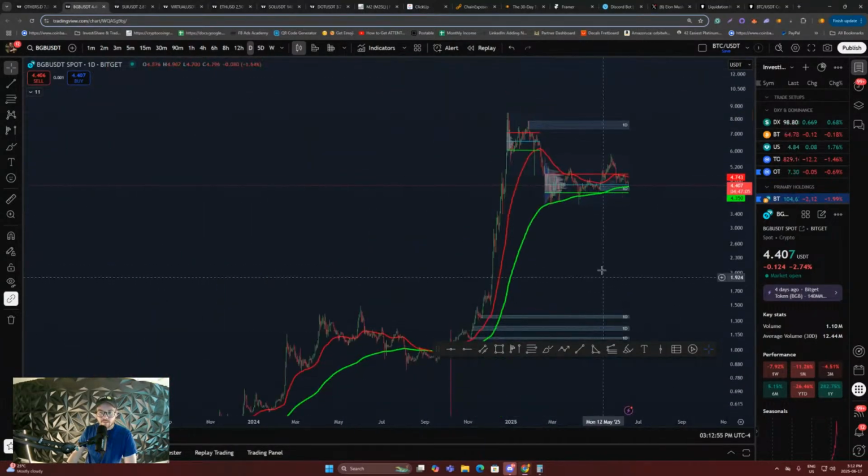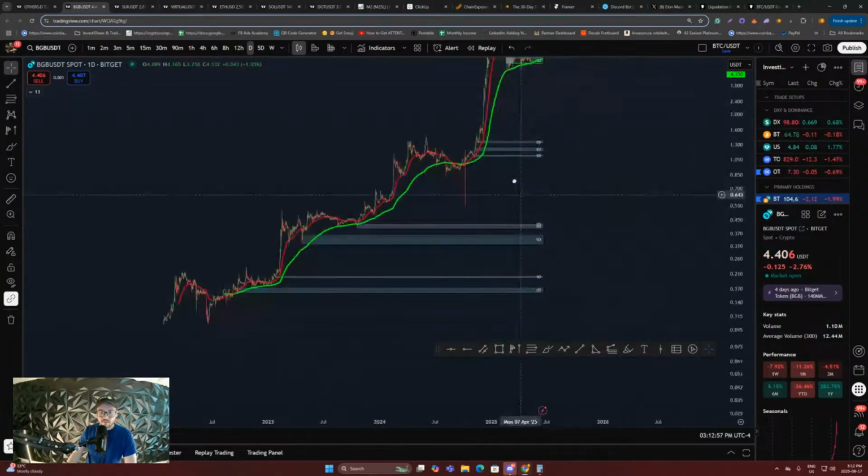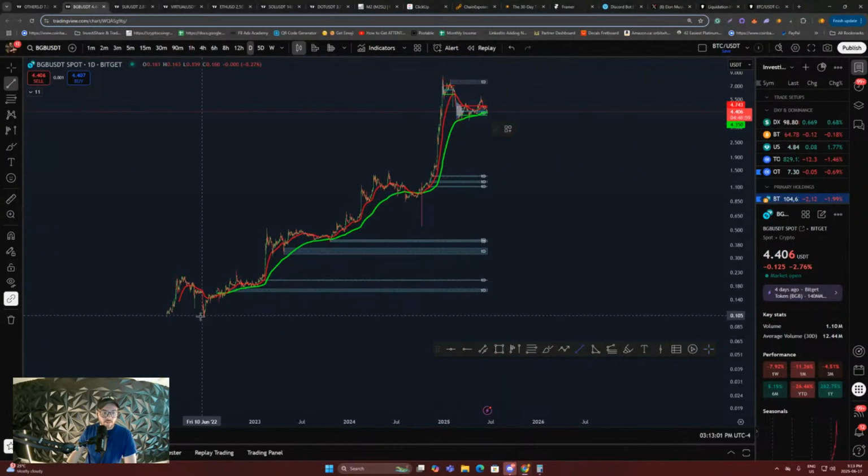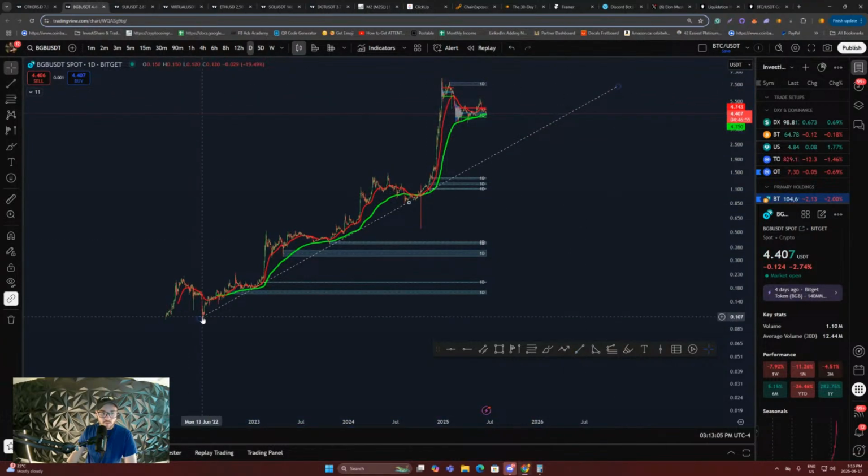And this thing's been on a tear. Macro momentum. This momentum's been holding it up since 10 cents, and now it's at $4.40.